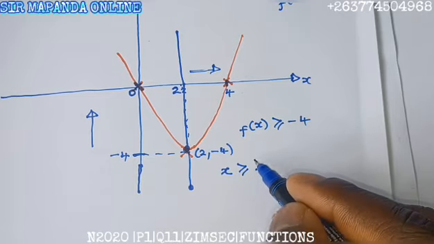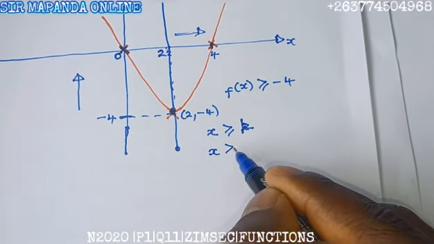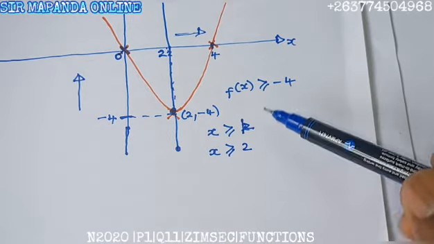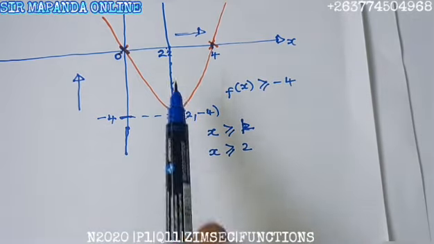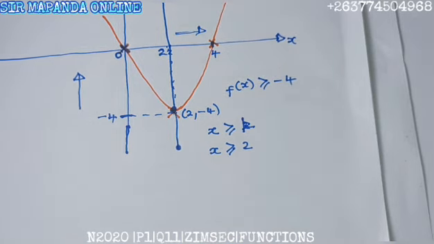So since they are saying x is greater than or equal to k, they need you to give the value of k, which starts from the line of symmetry moving to the right direction. So the value of k becomes 2. So x is greater than or equal to 2. It becomes a one-to-one function.